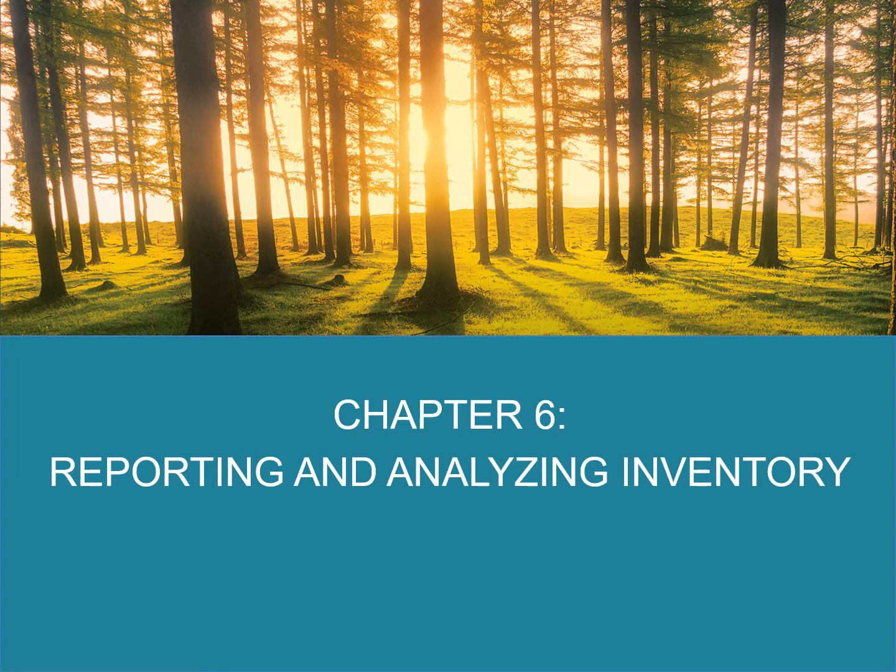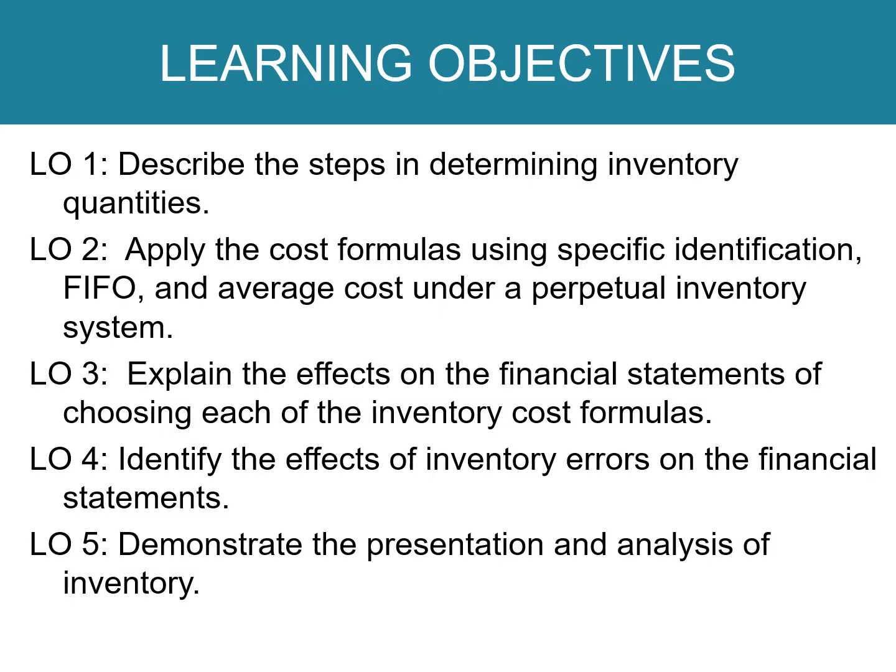Chapter 6: Reporting and Analyzing Inventory. Our learning objectives are: 1. Describe the steps in determining inventory quantities. 2. Apply the cost formulas using specific identification, FIFO, and average cost under a perpetual inventory system. 3.